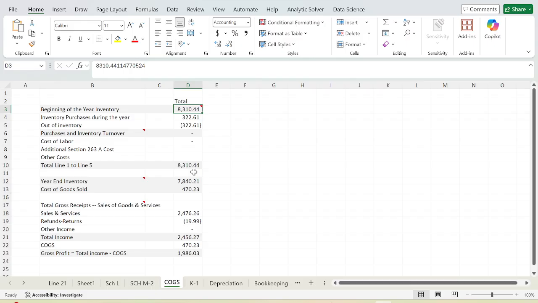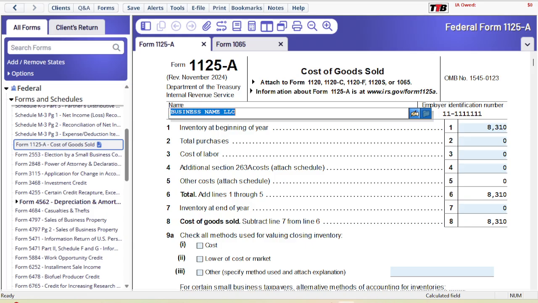And we are going to go back to it. That is line 1. So that is inventory at the beginning of the year. If this year is your first year in business, line 1 is going to be 0.